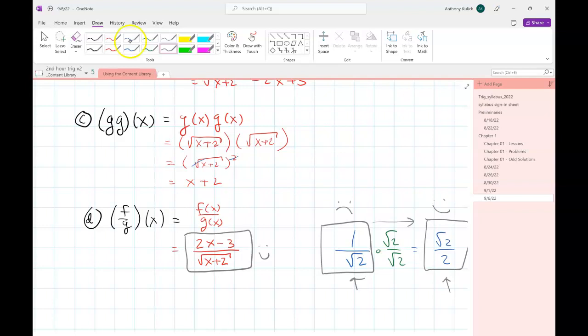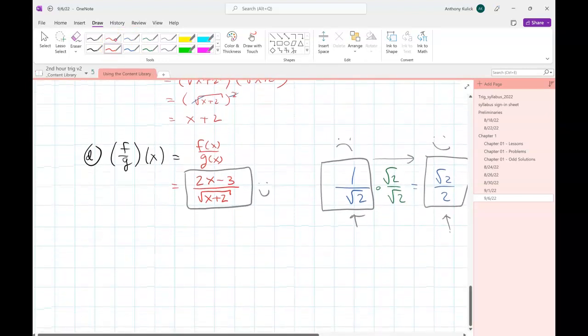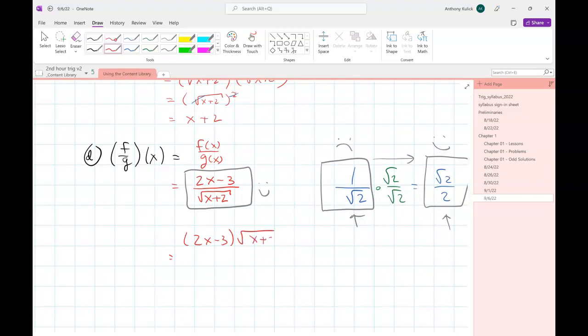If you went ahead and multiplied the top and bottom by the square root of x plus 2, and you wrote your answer as this, that's what it would look like if you did that correctly. That's fine with me too. It's not wrong if you do it. I just would say I'm not requiring you to do it if there's a variable in the denominator.